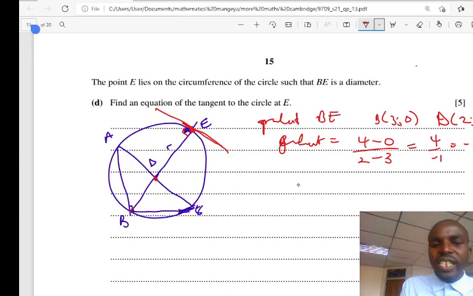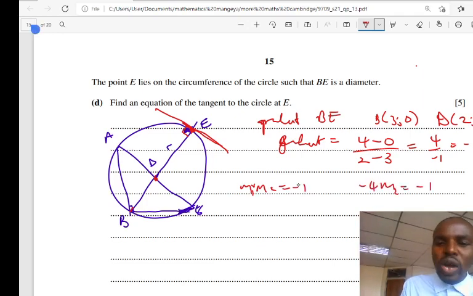Then for the gradient of the other line, we say m1 times m2 equals minus 1. So minus 4 times m2 equals minus 1. It will be m2 equals 1 over 4. That will be the gradient of the tangent passing through E, right?